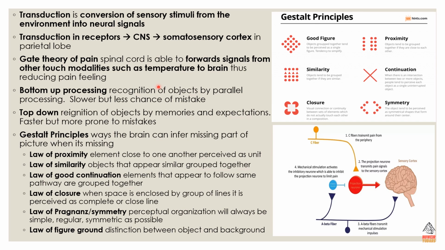So it forwards signals from this touch modality to the brain, thus reducing pain sensation. It kind of prevents pain sensation from traveling to the central nervous system, decreasing the pain in some sort or suppressing it.